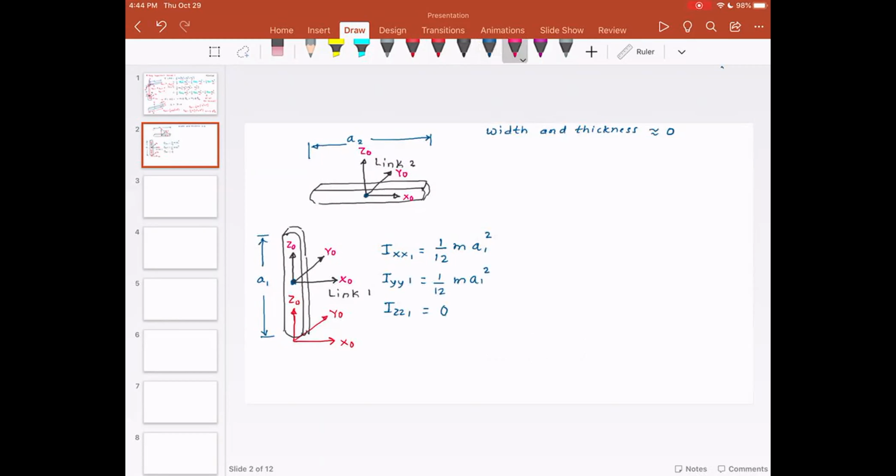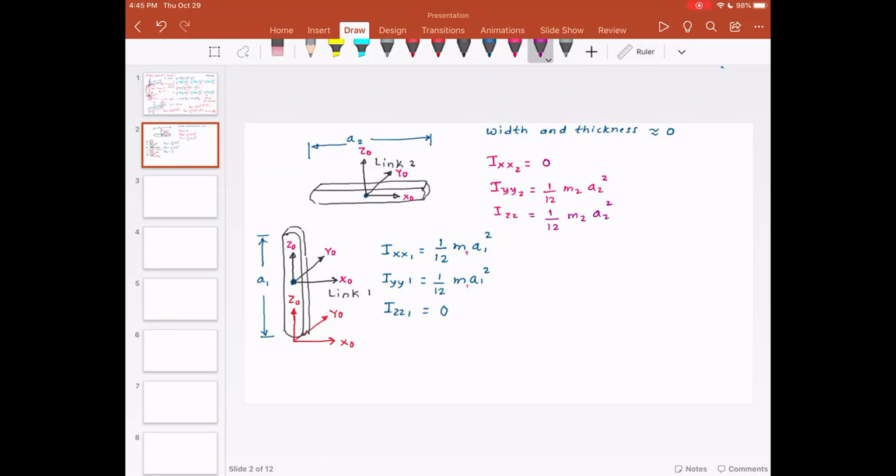Next, Ixx2 is going to be 0. Iyy2 is going to be 1 by 12 m2 A2 square, and Izz2 is going to be 1 by 12 m2 A2 square.